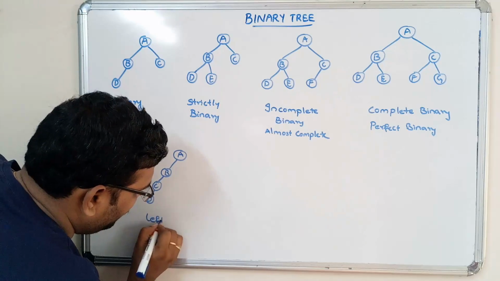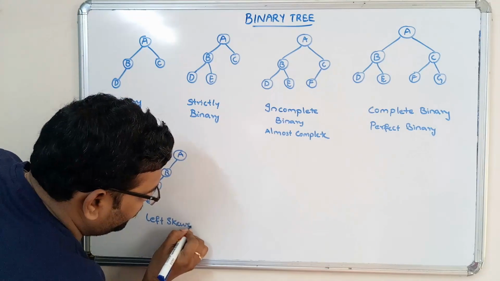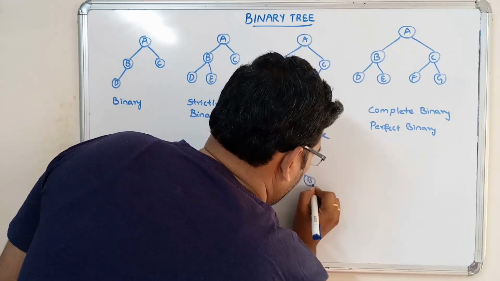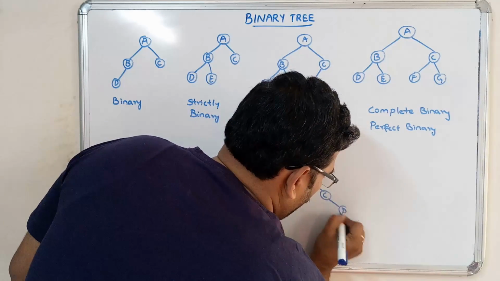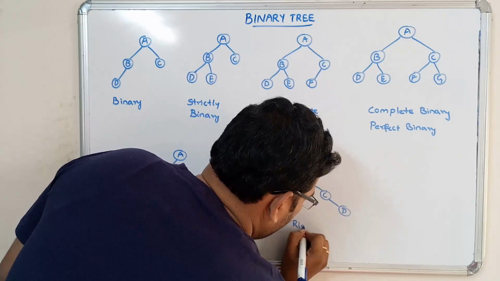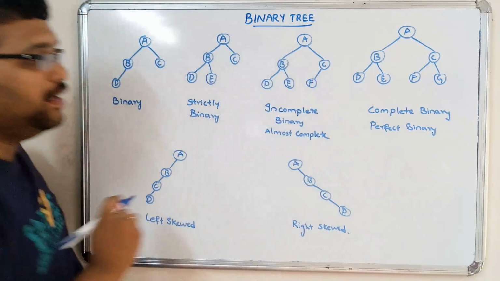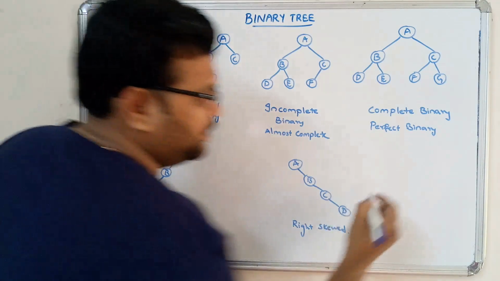This is left skewed binary. This is right skewed binary. Right? So these are the different types of binary trees.